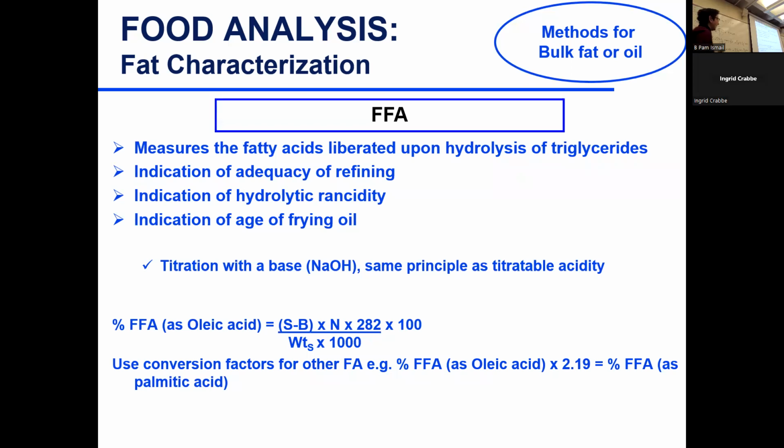It is the amount of free fatty acid liberated upon hydrolysis of triglycerides, whether it's hydrolysis by endogenous enzyme lipase or hydrolysis due to processing in the presence of heat and water. It can be an indication of adequacy of refining. So on Wednesday, you're going to get data of refined olive oil and virgin olive oil. You're going to see a difference in the fatty acid content.